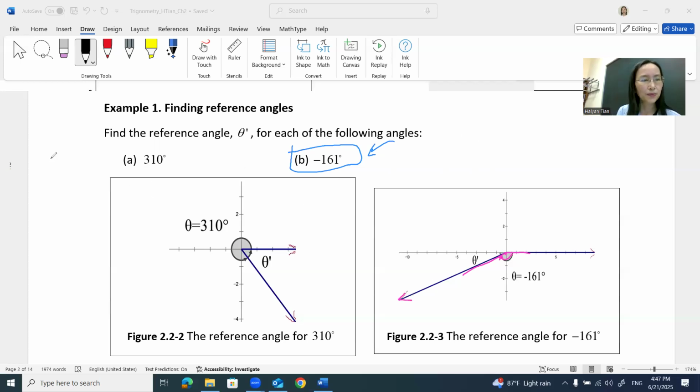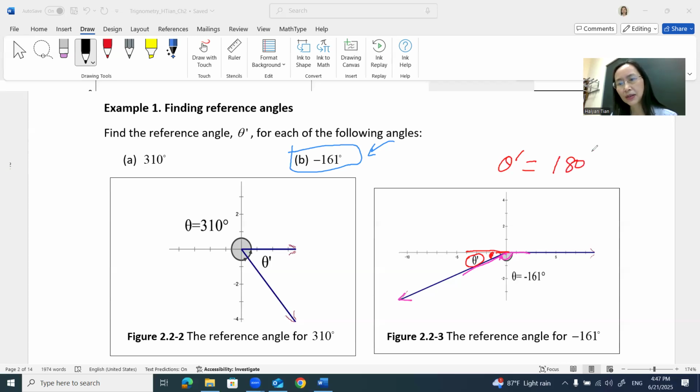The reference angle is formed by the terminal side and the x-axis, and it must be an acute angle here. So theta prime. So how do we get theta prime? Theta prime is that acute angle.